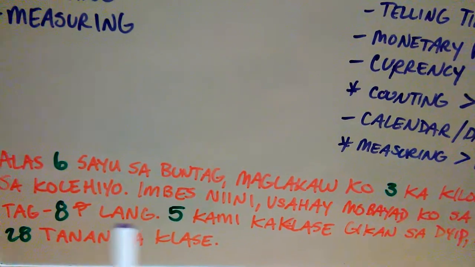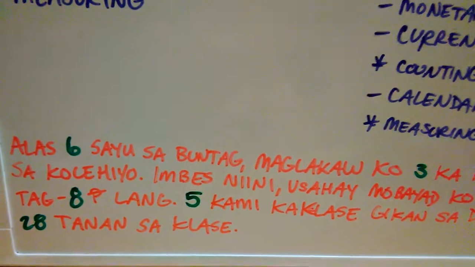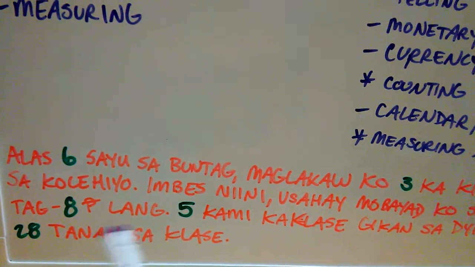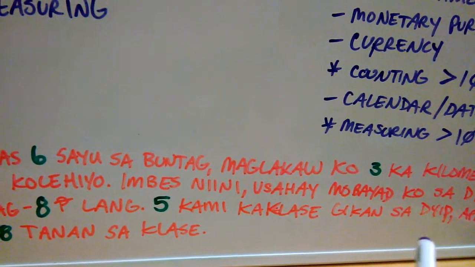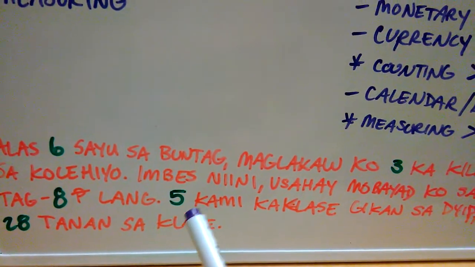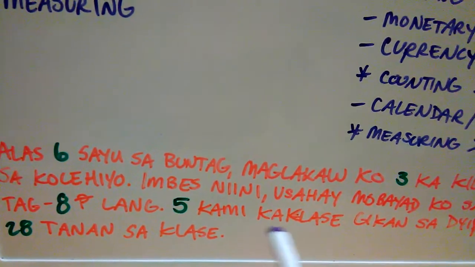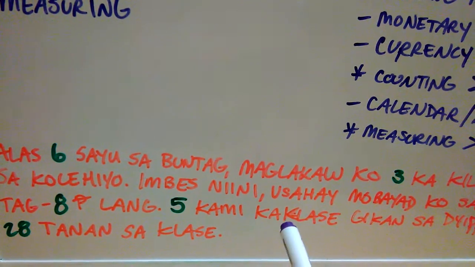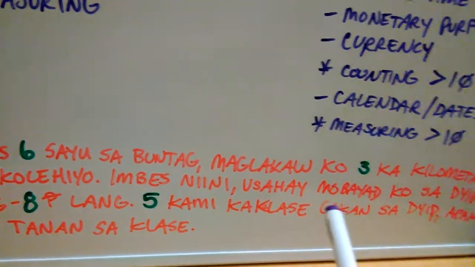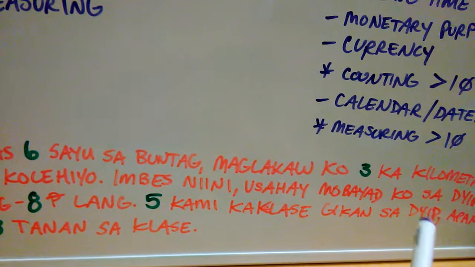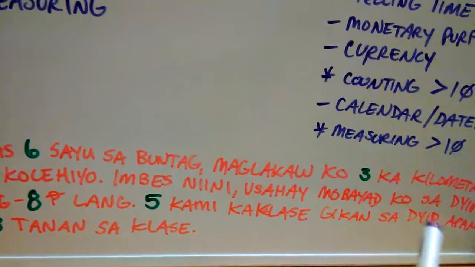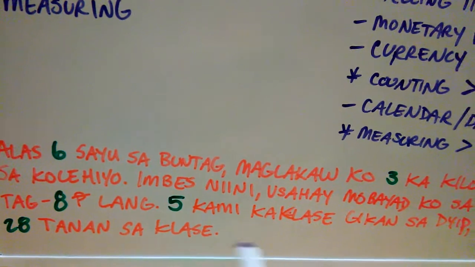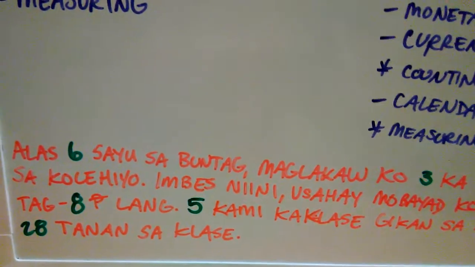Tag 8 pesos lang, for only 8 pesos. 5 kami kaklase gikan sa jeep, right? There are 5 of us classmates coming from the jeep. Apan, 28 tanan sa klase, but 28 total in the class, right?